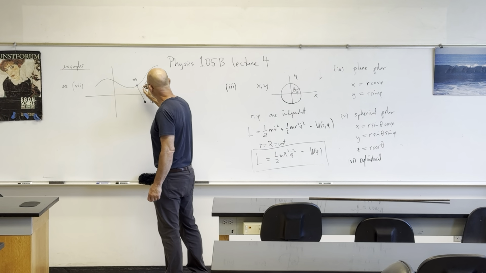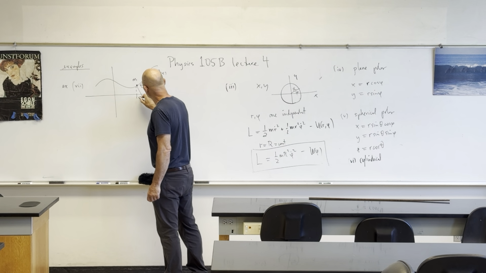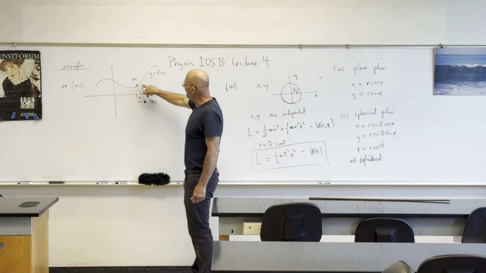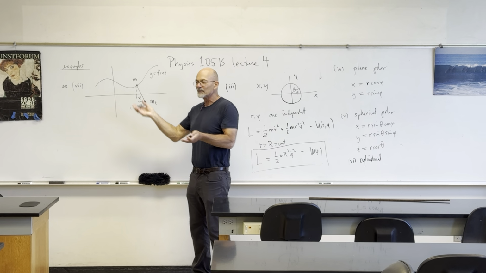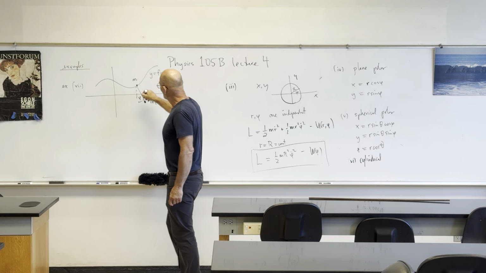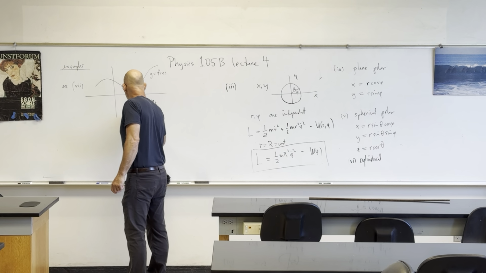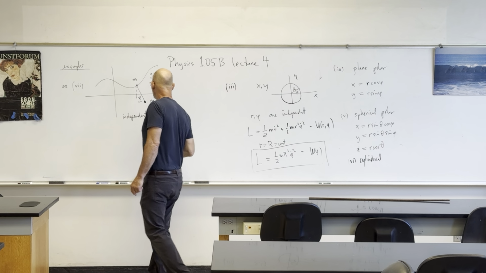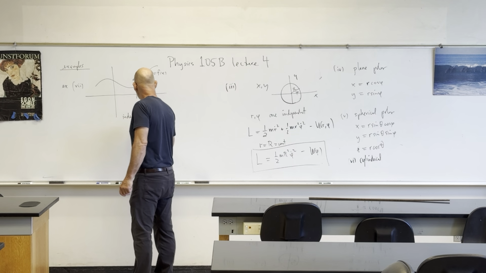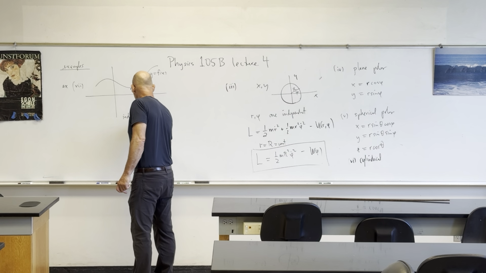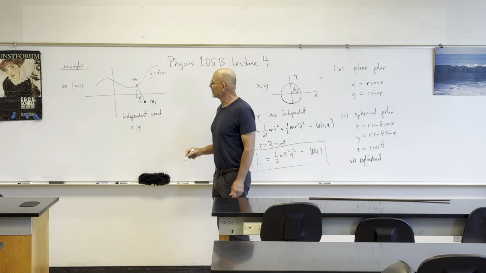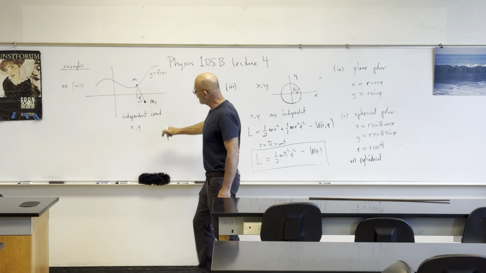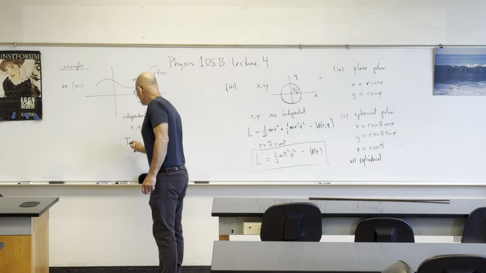So then we would have to have an angle, right? That would be an independent coordinate, but y and x would not be independent because they're tied together by this thing here. So independent coordinates would be x and phi, right? And then we would try to construct the kinetic energy and the potential energy.